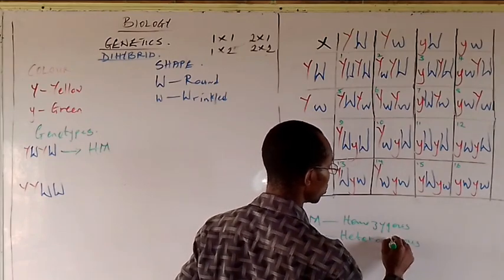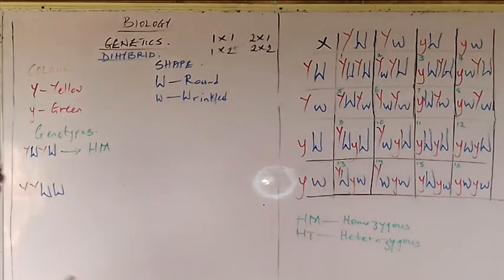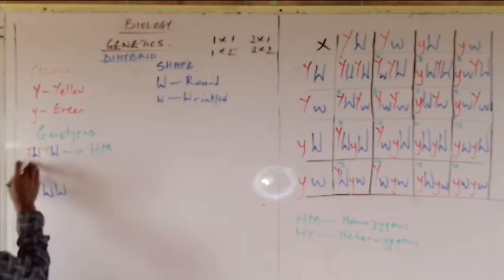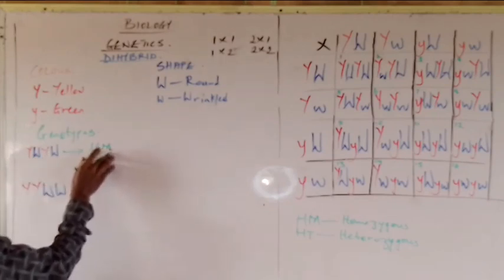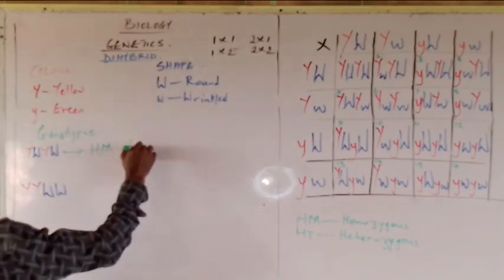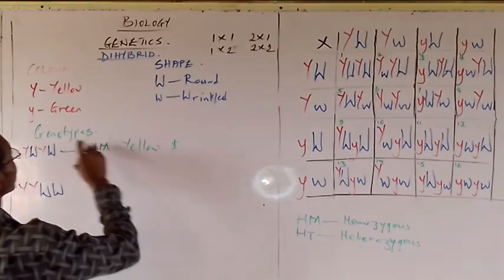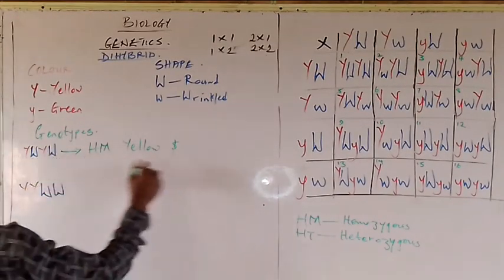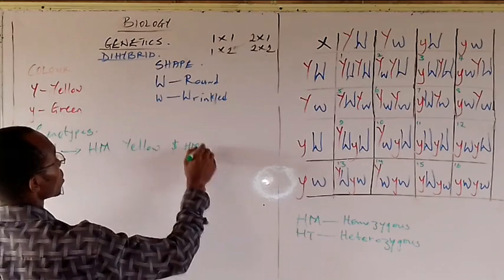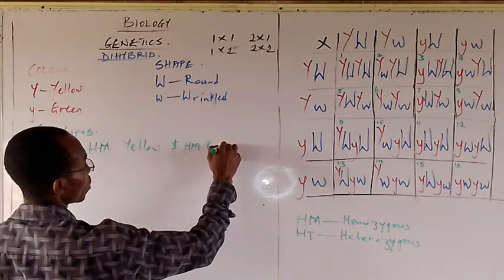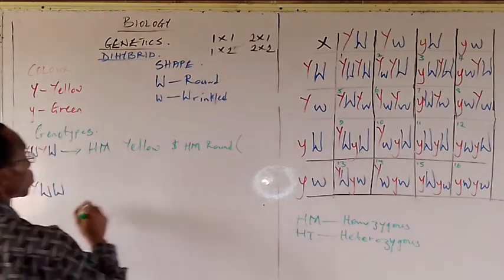That is what we will be using for this particular lesson. So capital Y is homozygous yellow, and then we have capital W, which is also homozygous but round. Homozygous round.